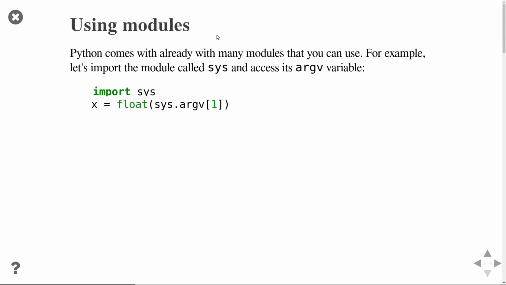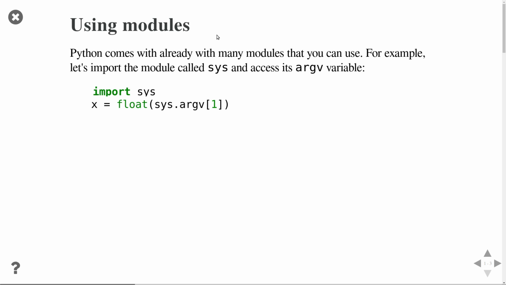You've been using modules essentially from the very start. And the way you use them is with this import statement. By writing import sys, we import the sys module in Python, which is a module that is installed by default, so we always have it accessible.